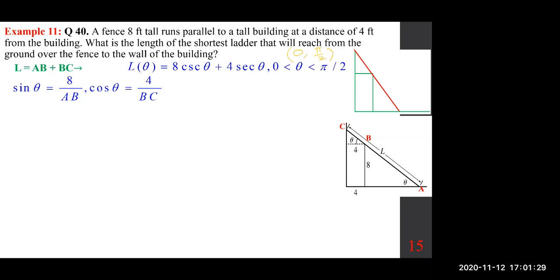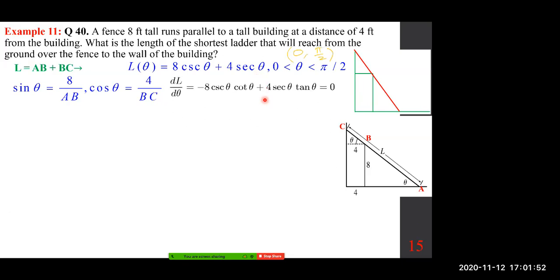So we want to differentiate L prime of theta, or dL d theta. Okay. So 8 cosecant theta becomes 8 times negative cosecant cotangent, plus 4 secant theta, where 4 times secant gives you secant tan.